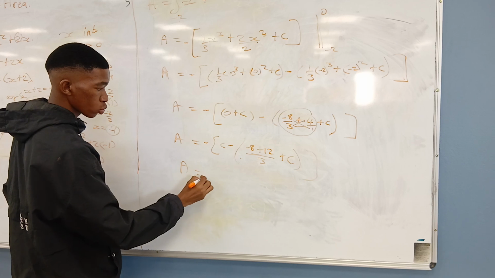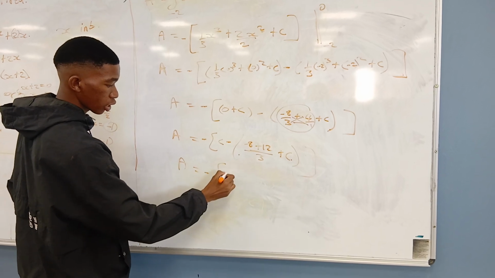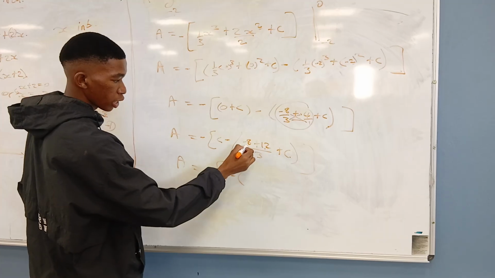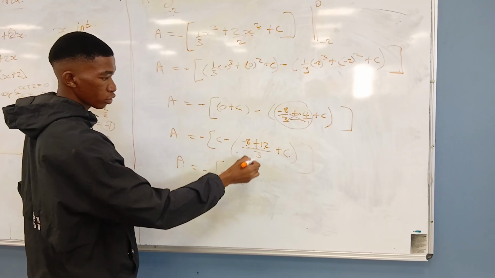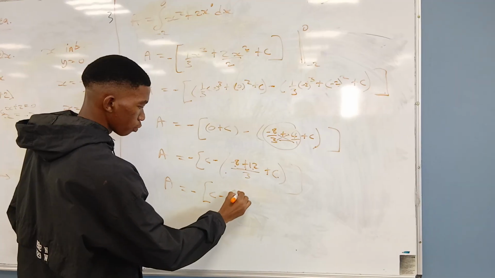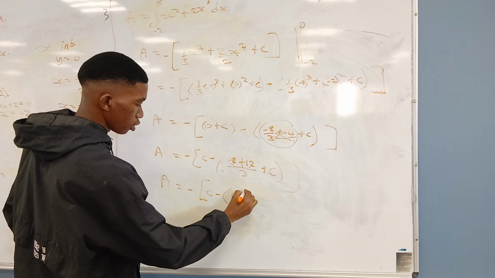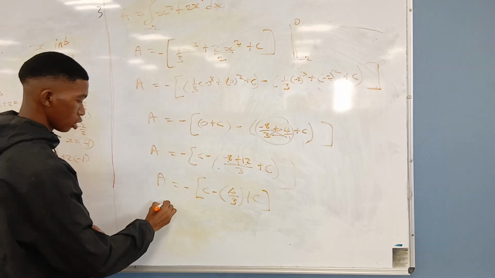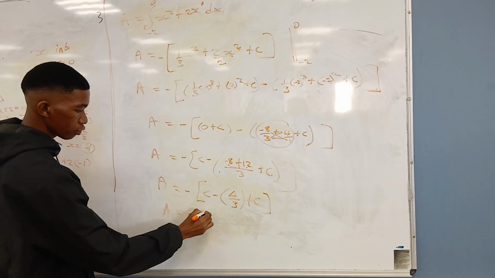Area is equals to negative, open the big bracket, c minus, open bracket, 12 minus 8, or -8 plus 12, is going to give you 4. Then you're going to have 4 divided by 3, close bracket, plus c, close the big bracket. This area is going to be negative.